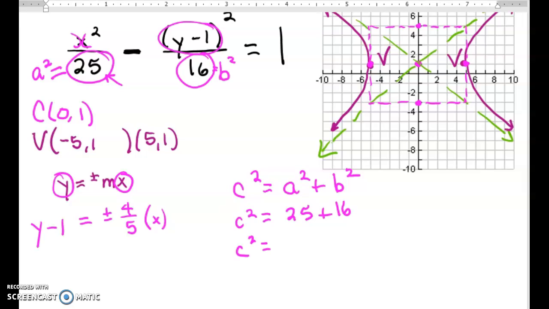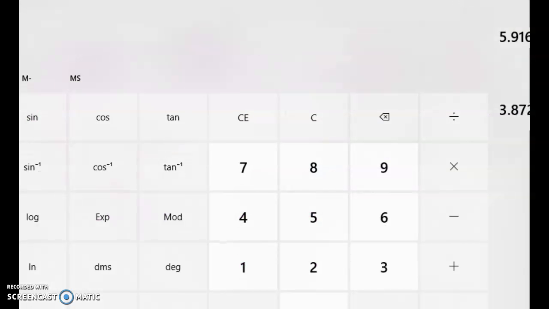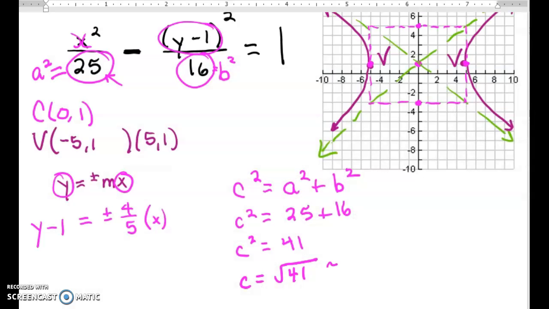So c squared is equal to 41, and c is equal to the square root of 41, which is approximately 6.4. So approximately 6.4 to the left and to the right. I'm going to count 6.4 to the left, and I have a focus from the center, 6.4 to the right, and we have our other focus.